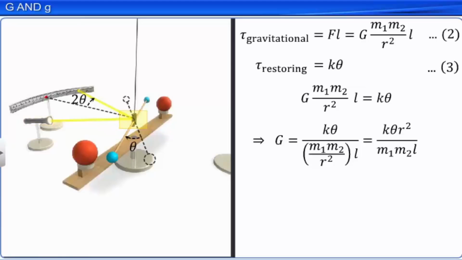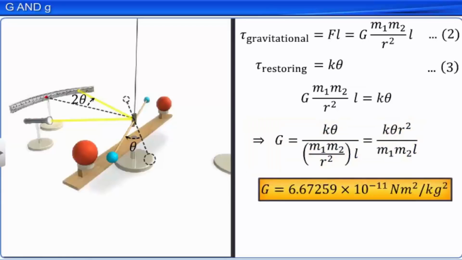By knowing the values of the other quantities in the expression, the accurate value of G is found to be 6.67259 multiplied by 10 raised to the power minus 11 Newton meter square per kg square. Interestingly, this is how Cavendish attempted to measure the mass of the Earth and subsequently its density.